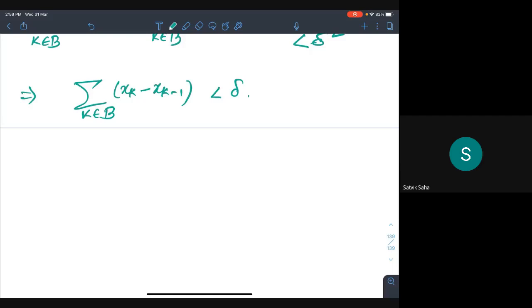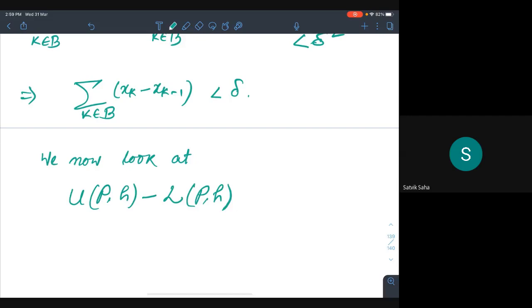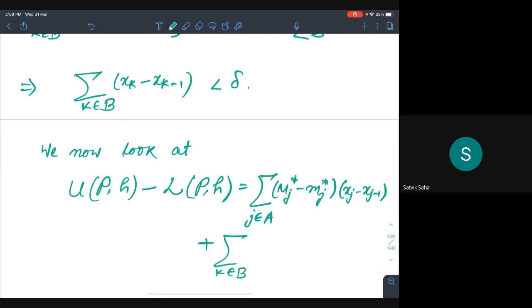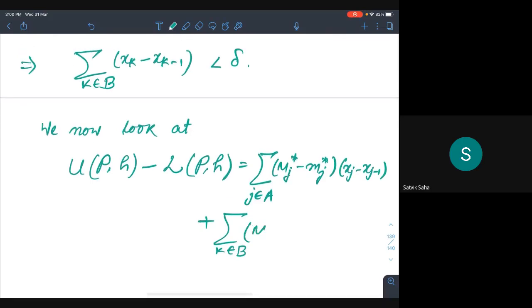Now therefore, you look at the upper sum of h minus the lower sum of h for the partition P, which is the summation over j belongs to A of (Mj star minus small mj star)(xj minus xj-1), plus the summation over k belongs to B of (Mk star minus small mk star)(xk minus xk-1).